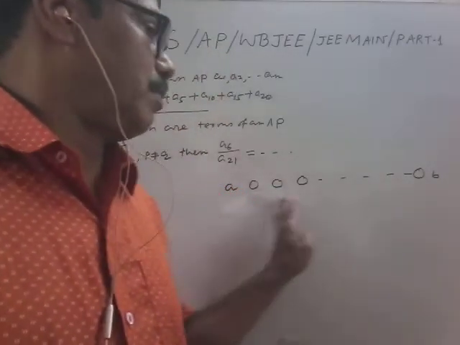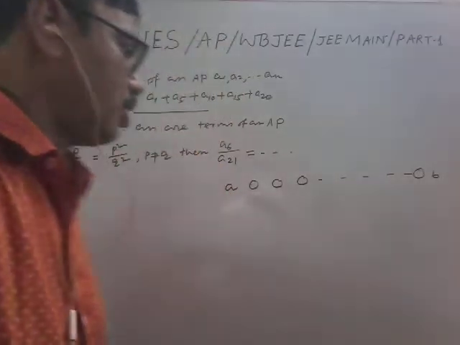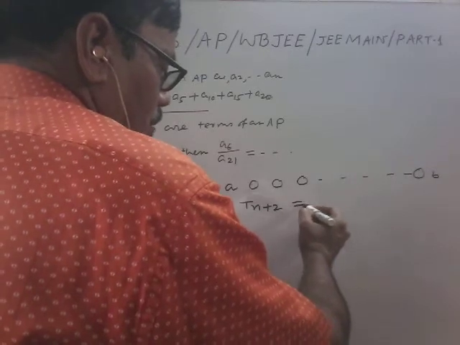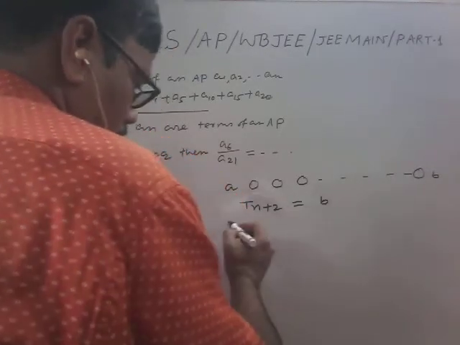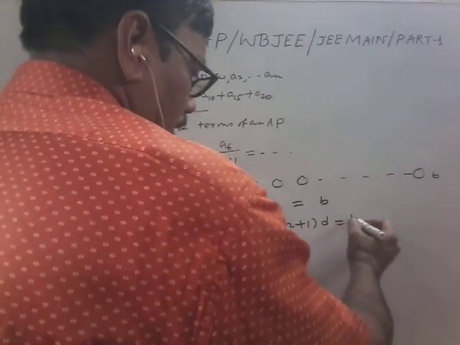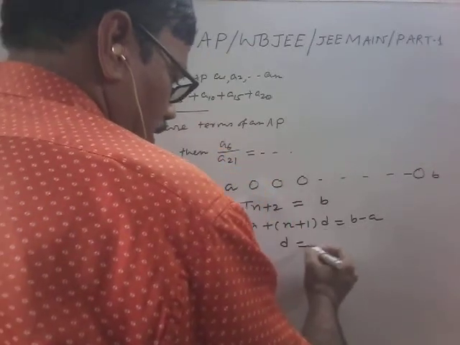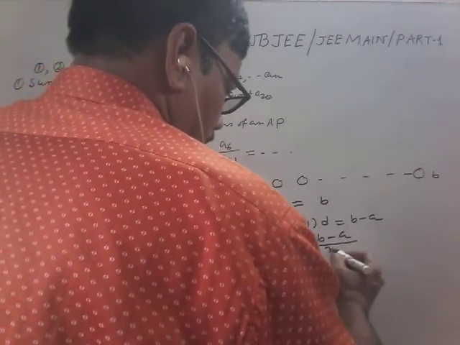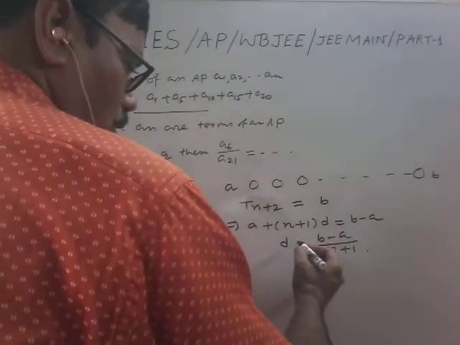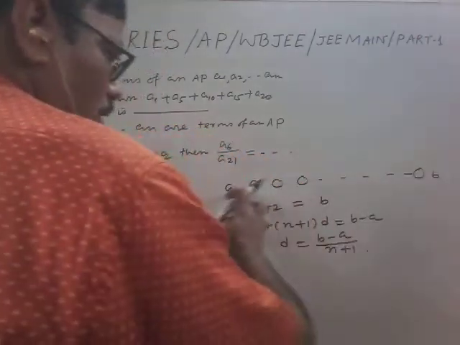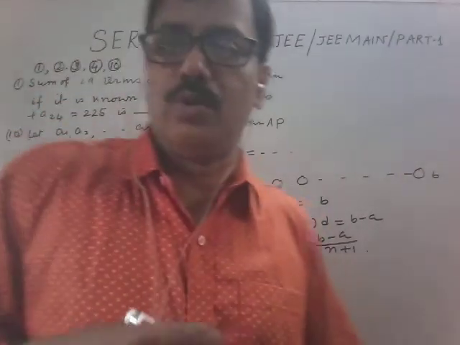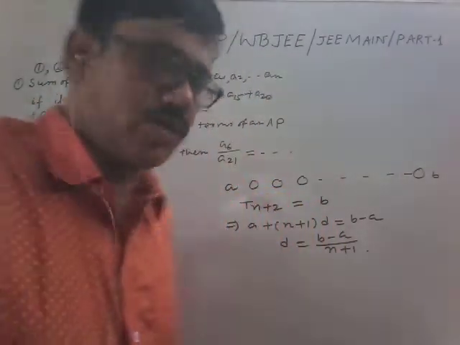So the total number of terms is n plus 2. So T(n plus 2) equals b. So a plus (n plus 1) into d equals b, so d equals (b minus a) by (n plus 1). So what is the formula of d? The last term minus the first term, divided by n plus 1, where n equals the number of arithmetic means.